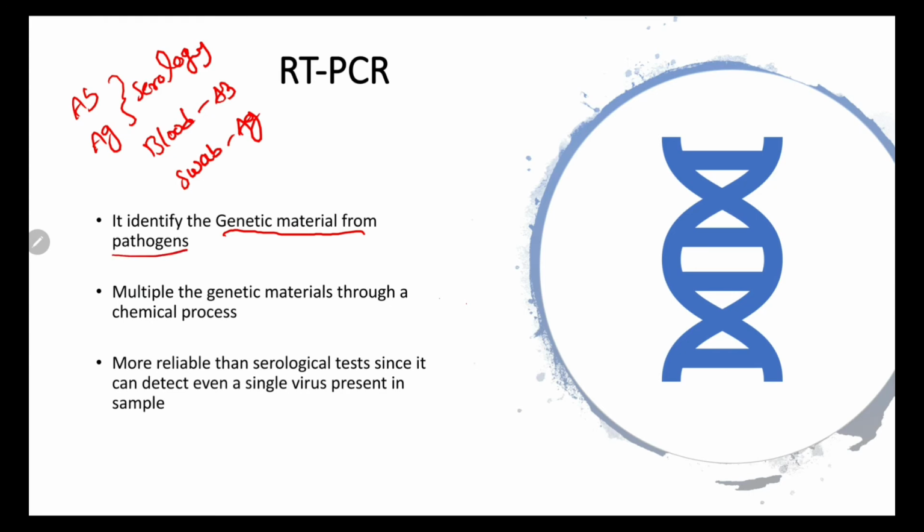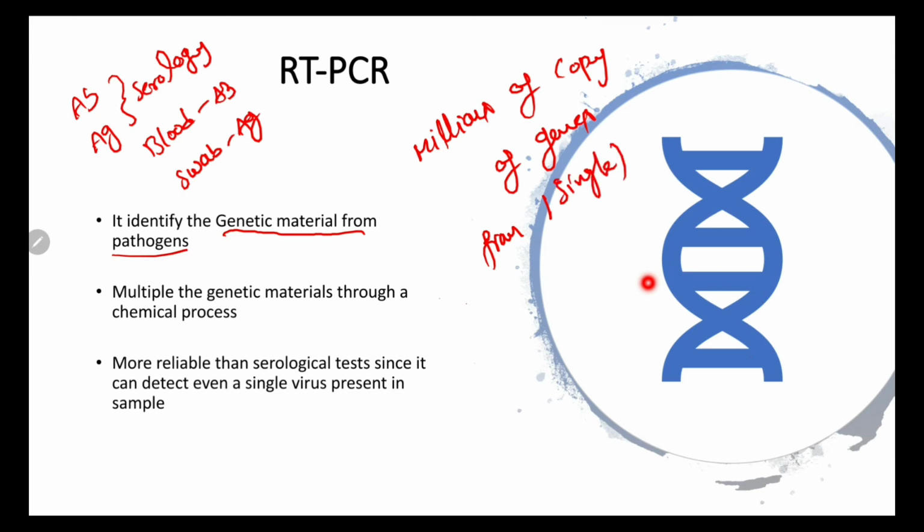If genetic material is there, it will multiply that genetic material through a chemical process and produce millions of copies of genes from one single virus.